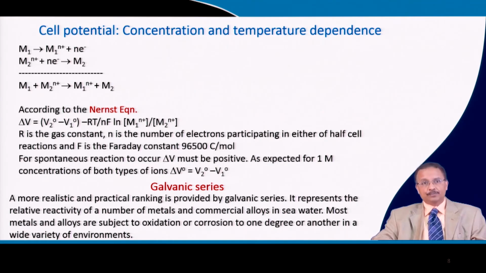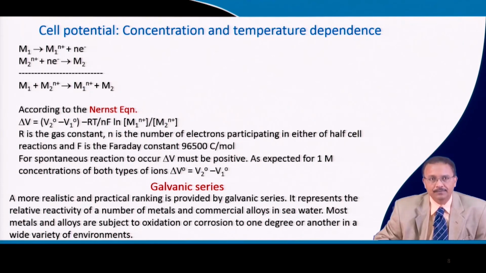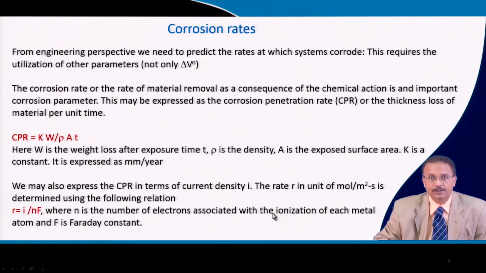It represents the relative reactivity of a number of metals and metal alloys, and the electrolyte is typically seawater. Most metals and alloys are subjected to oxidation or corrosion. The degree may vary depending on where it is placed in the galvanic series, and a wide variety of environments can be chosen for this purpose.